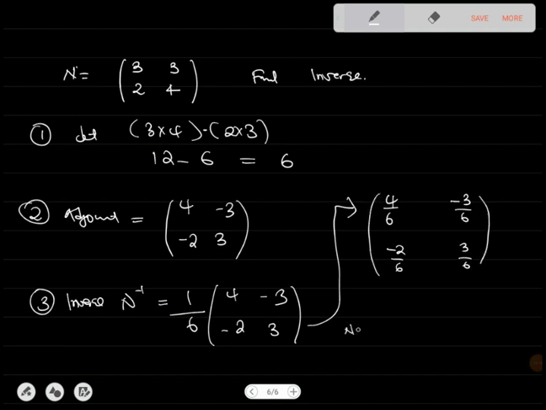Which can now be simplified: 2 can go into 4, 2 times, into 6, 3 times. 3 can go into negative 3, negative 1, into 6, 2 times. 2 can go into negative 2, negative 1, over 2 can go into 6, 3 times. 3 can go into 3, 1, into 6, 2 times. That is your inverse. If you know that this can be reduced like this, please do. Alright, we end here.